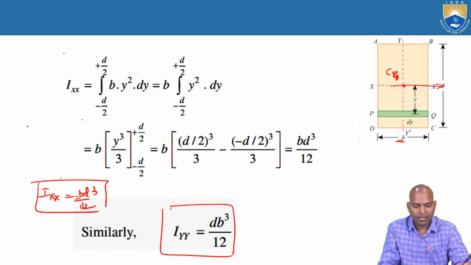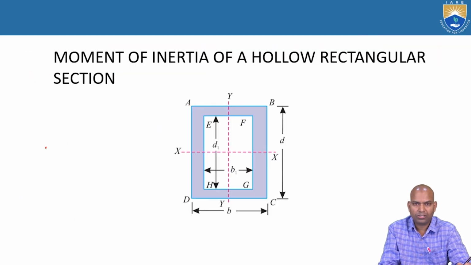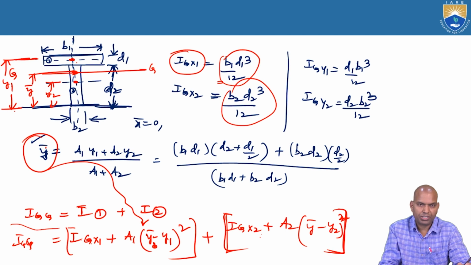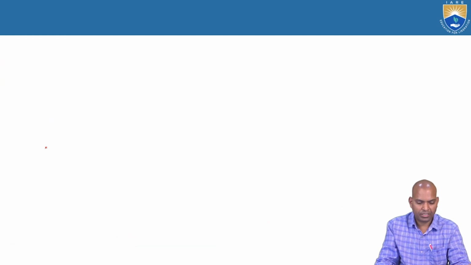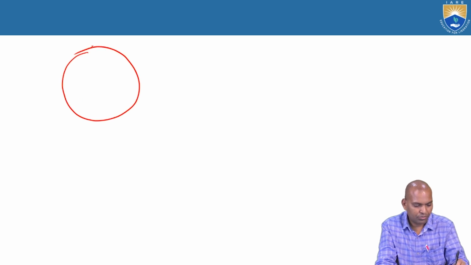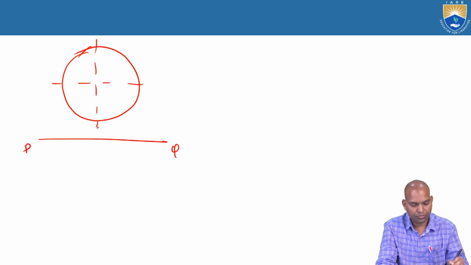All right. Now we are going to consider one more, that is the circular section. How to find the moment of inertia of a circular section? Using the parallel axis theorem, about PQ, the axis passing through.